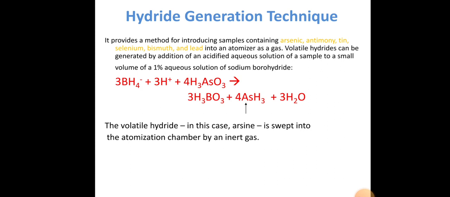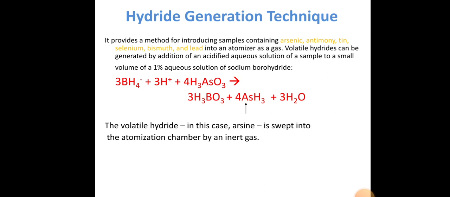Instead, we can just enter the gaseous hydride of the sample. So this method is much better with much higher sensitivity, but it cannot be used for all the elements. It is used just for a few of the elements that their hydrides are volatile and can be volatile easily.